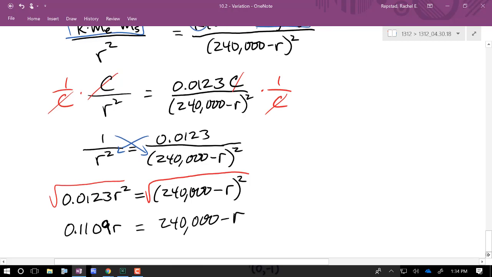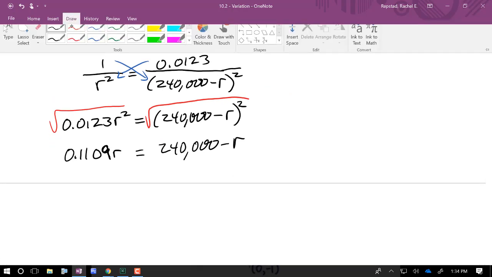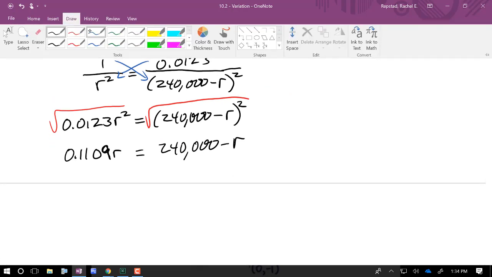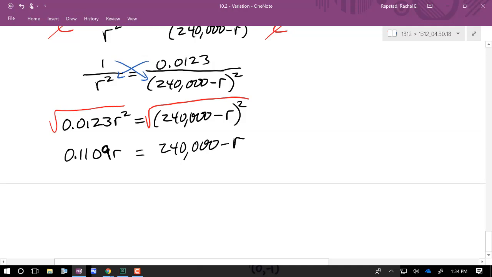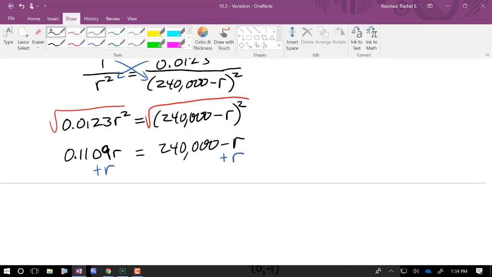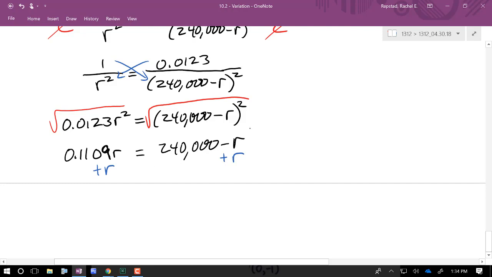Now we're almost done. Let's add r to both sides. If I take 0.1109 r and add r, we get 1.1109 r. And then we get 240,000.